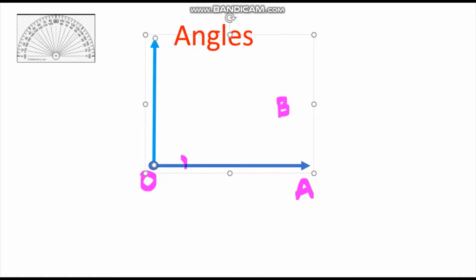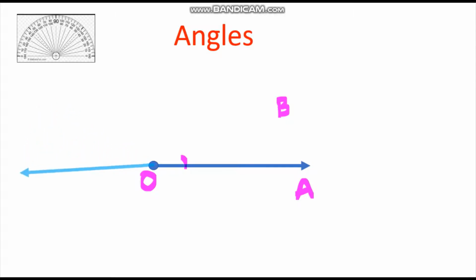And when we keep on moving this angle, it becomes a straight line like this. Straight line means angle will be 180 degree. Now again, if you keep on moving, you'll get more than 180 degree angle, and that is known as reflex angle.